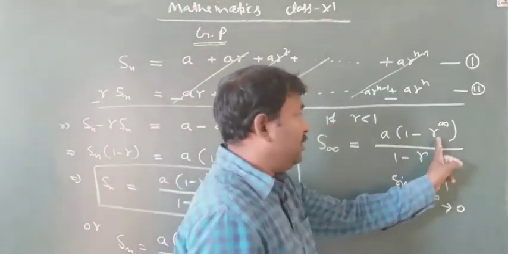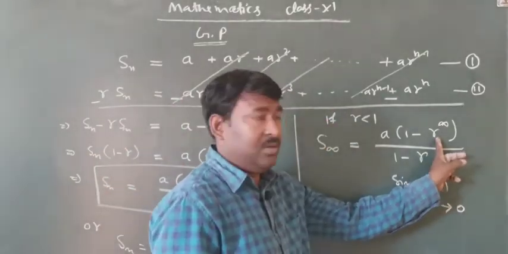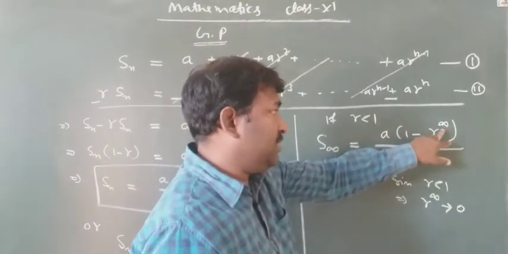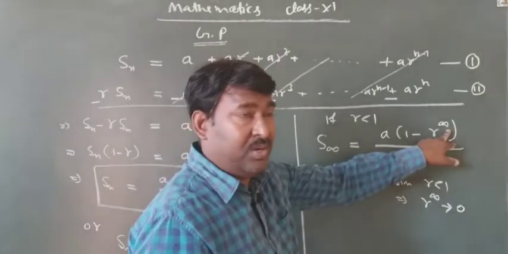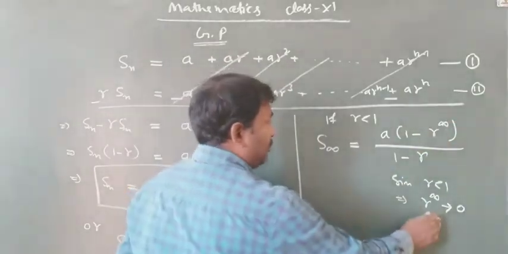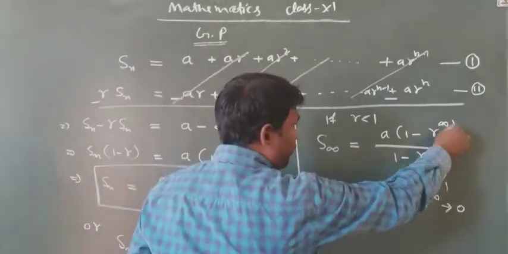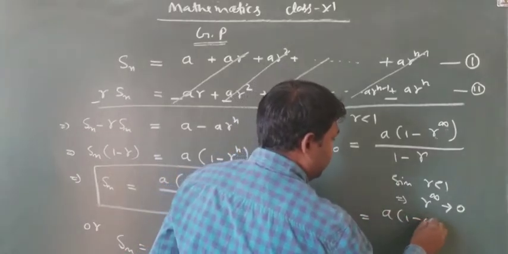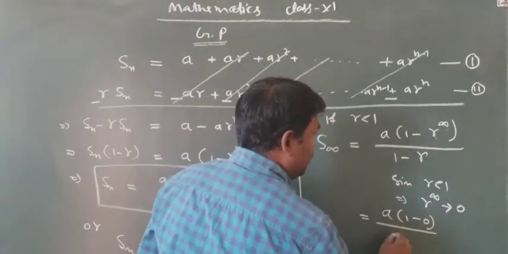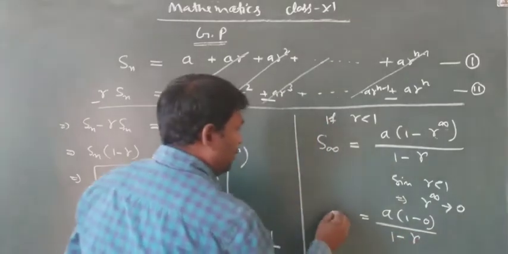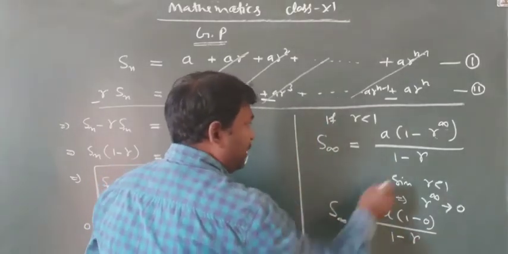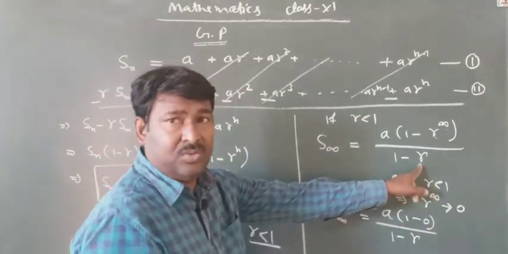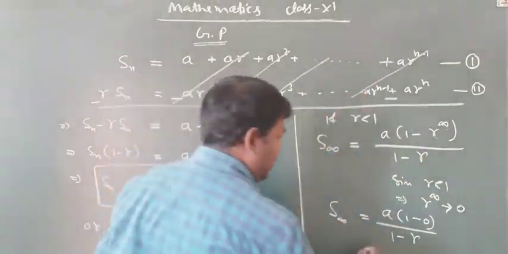So any value less than 1, raised to the power infinite, will give you 0. So in place of r power infinite we can put 0. So a into 1 minus 0 upon 1 minus r. Here r power 1 only, that's why it will not become 0. r power infinite will become 0.